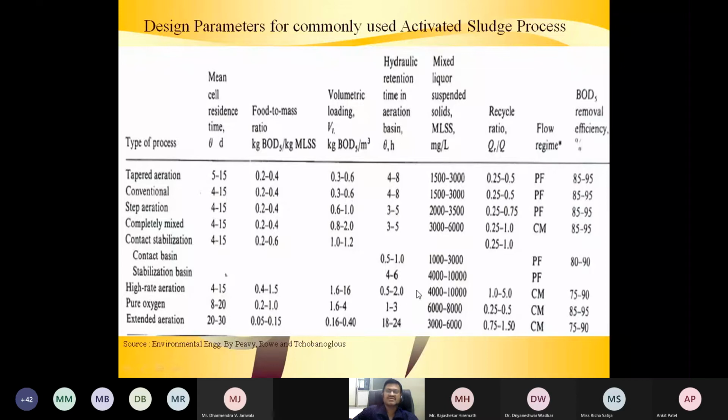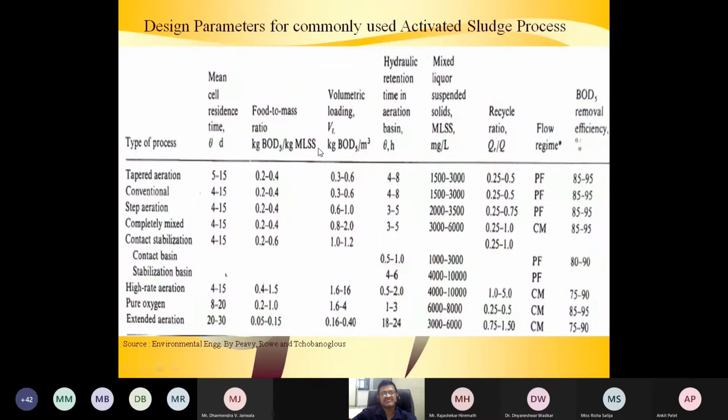Now next are the design parameters for commonly used activated sludge. As we know, there is a mean cell residence time, and a food to biomass ratio that we have to maintain. Food is BOD, that is organic matter, divided by MLSS, mixed liquor suspended solids.